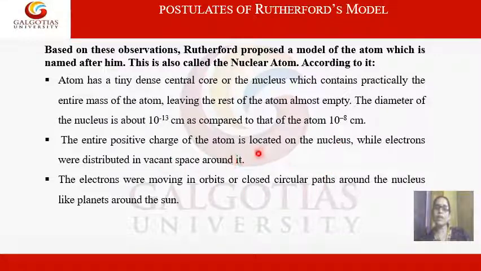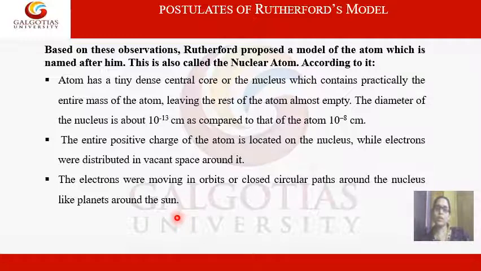The entire positive charge of the atom is located in the nucleus, while electrons are distributed in the vacant space around the nucleus. That means he said the electrons move in orbits or closed circular paths around the nucleus like planets around the sun. So what is the difference between Planck's model, Thomson's model and Rutherford's model?